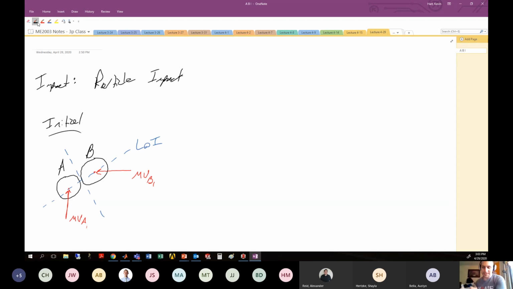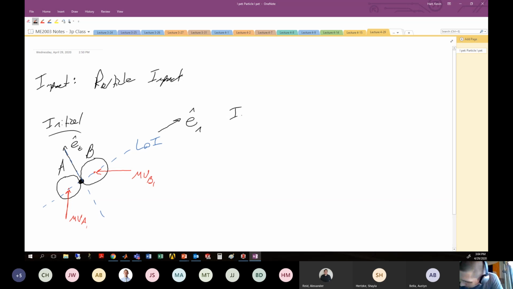We define some unit vectors along those directions. If the point of impact is right there at that heavy dot, then we have a unit vector along the normal direction, which is e hat n, and a unit vector along the tangential direction, which is e hat t. These are the general definitions of what's happening when these two objects are about to collide.